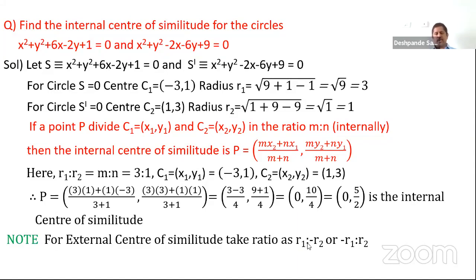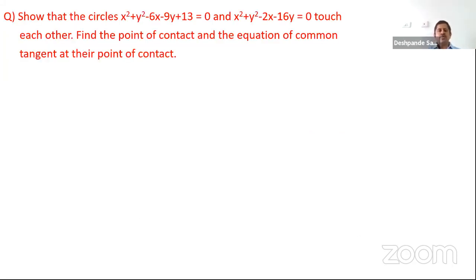Because it is a ratio, it is not going to affect. If you take R1 is to minus R2 or minus R1 is to R2 and use the same formula, you get the same answer. So try to do a problem on the external center of similitude later. So let us take another problem here. Show that the circles x square plus y square minus 6x minus 9y plus 13 is equal to 0.